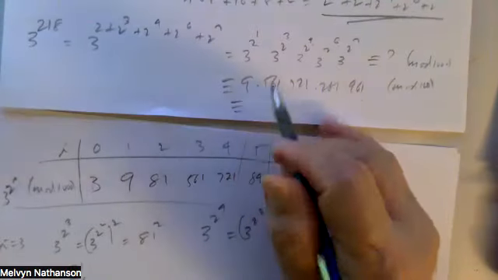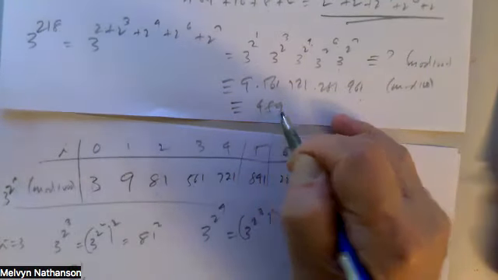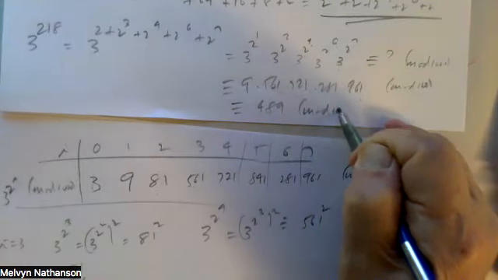And when you do this calculation, you get 489 mod 1,000.